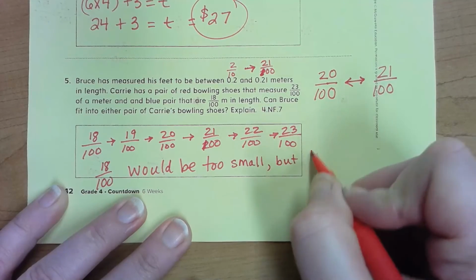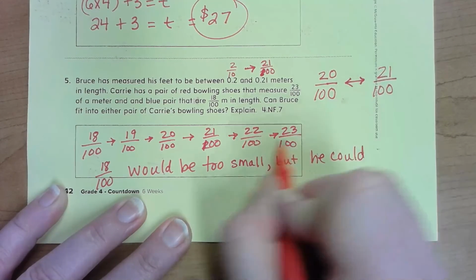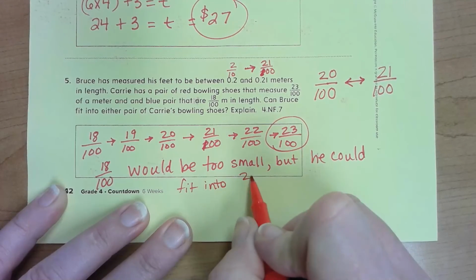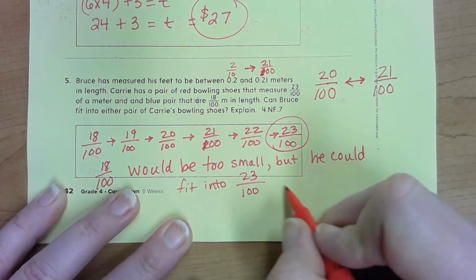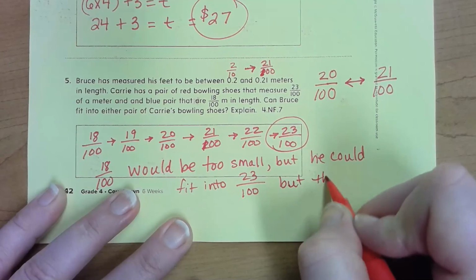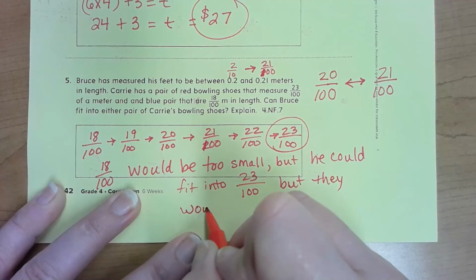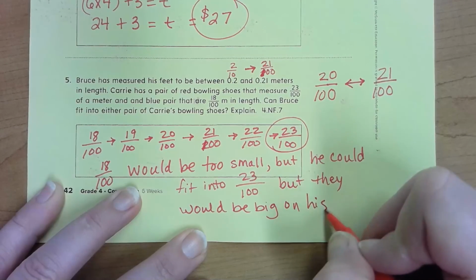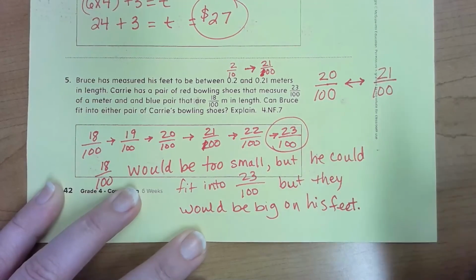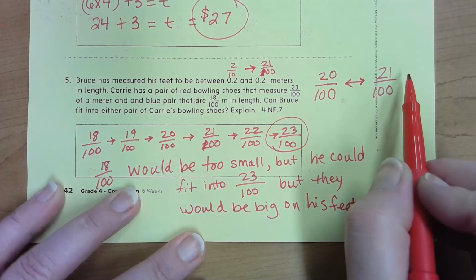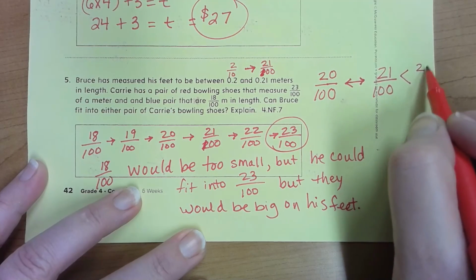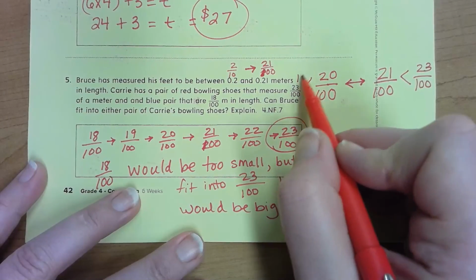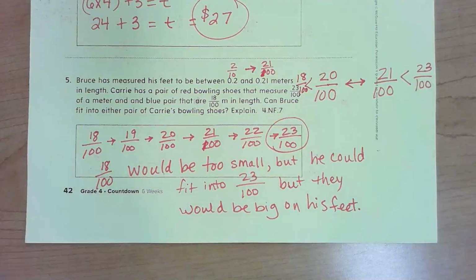But he could fit into the 23 hundredths, right? But they would be big on his feet. So the 23 hundredths is greater than the 21 hundredths, but the 18 hundredths is smaller than the 20 hundredths.